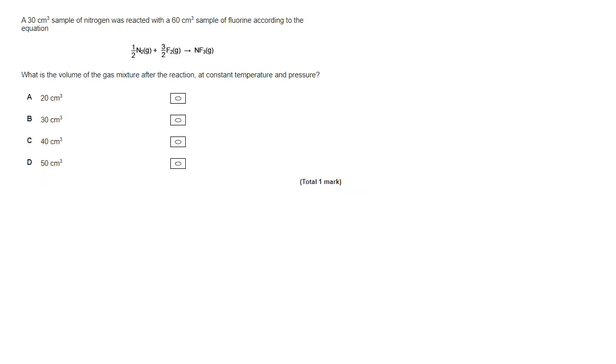Here's another example of that, but a little bit trickier. So I've got nitrogen plus fluorine going to NF3. I've got 30 nitrogens, 60 fluorines. Again, it tells you it's at constant temperature and pressure, so everything cancels out. I can just treat volume like I would moles.